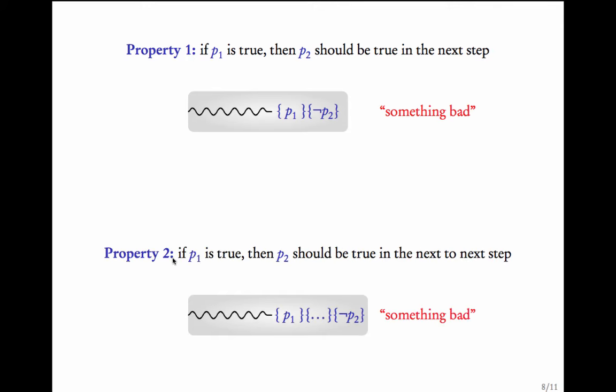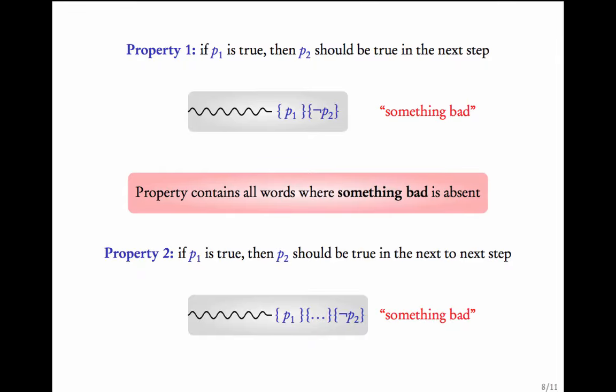Similarly, look at this property. If P1 is true, then P2 should be true in the next to next step. What is bad for this property? Any word like this where there is a P1 followed by something, followed by a step where P2 is not there, this kind of a pattern is something bad for this property.